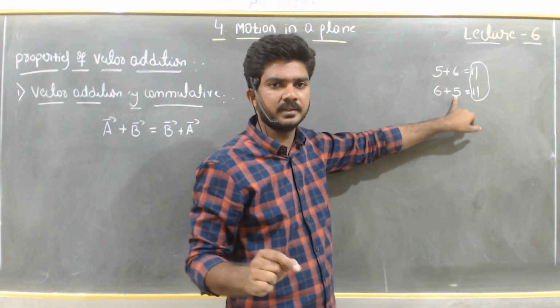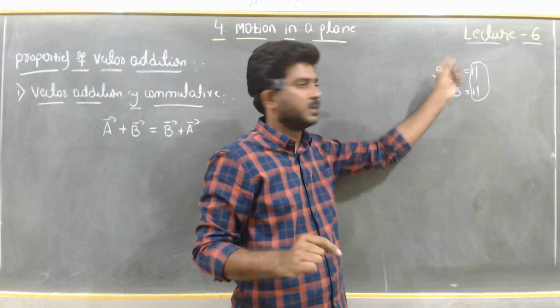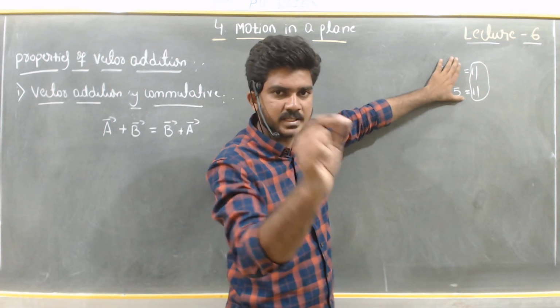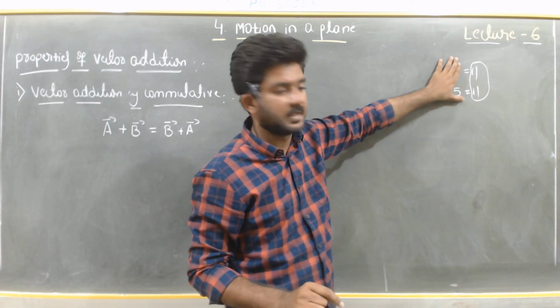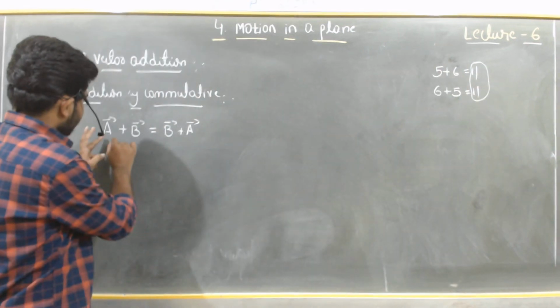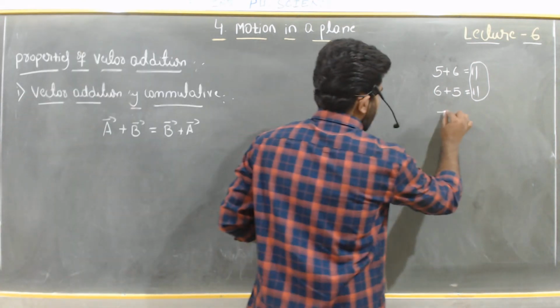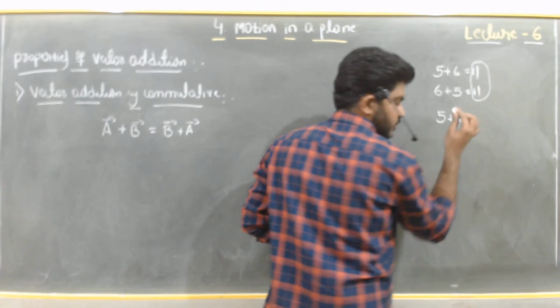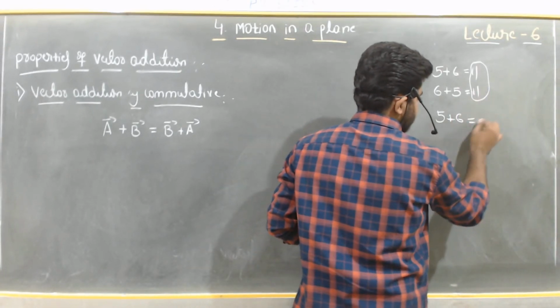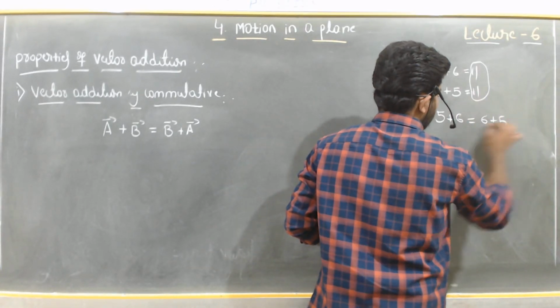It's not like that. You take any number, but focus on the result, the result will be the same. In the same way, vector A plus vector B is equal to vector B plus vector A, right? 5 plus 6 is equal to 11, and of course this can be written as 6 plus 5. So this is what?